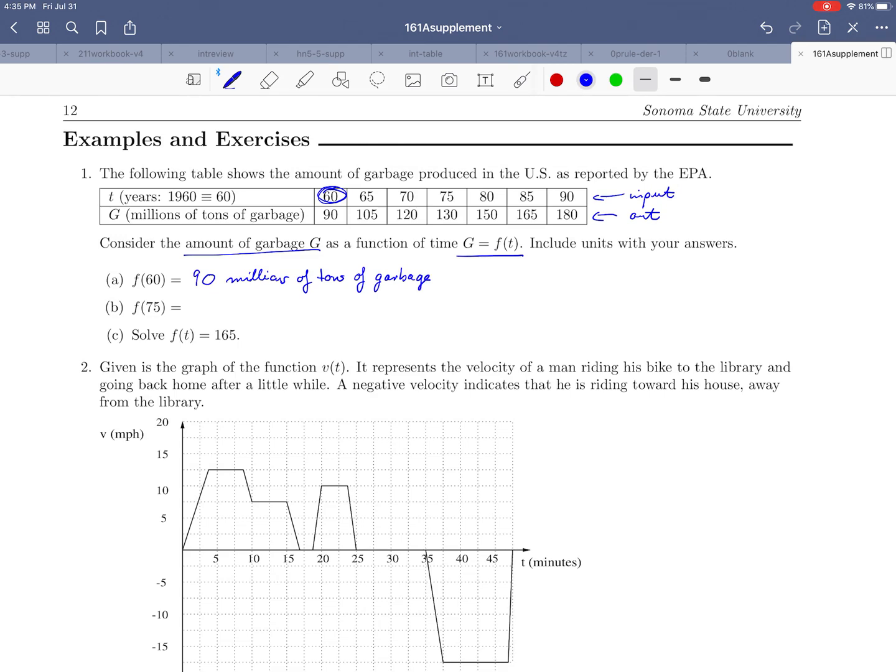And I can actually write a sentence that tells me the meaning of this compact equation f of 60 equals 90. It tells us that in 1960, the US produced 90 million tons of garbage.